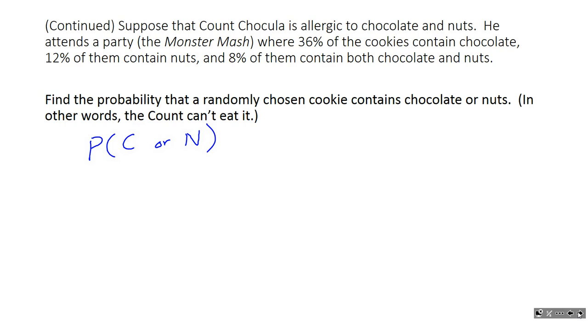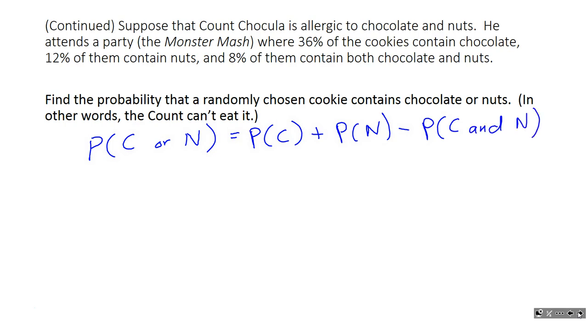Now we have a formula, again from this chapter, for the probability of one event or another event. The formula reads that it's the probability of the first event plus the probability of the second event minus the probability of C and N, that is the and statement of both of these.